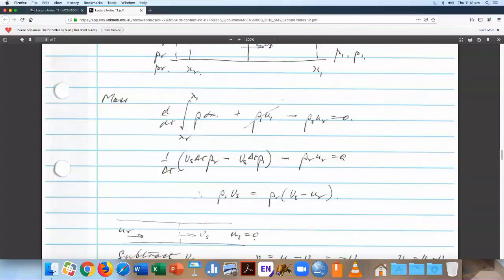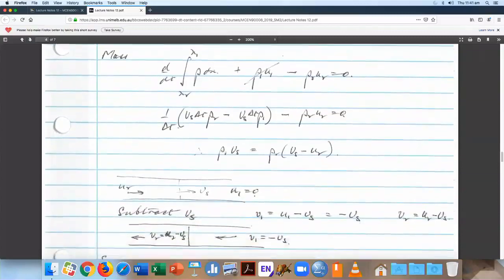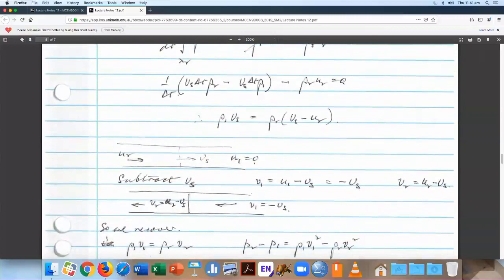Well, that's also what you could have written down immediately by taking a Galilean transformation, and you said, all right, here's the case that I was looking at. I can make it a steady flow if I subtract US. So this becomes V2, which is U2 minus US, and this becomes V1, which is U1 minus US. So V1 would be the velocity in here.